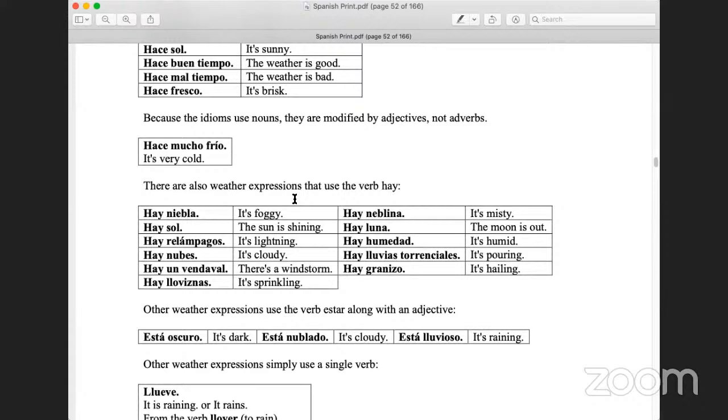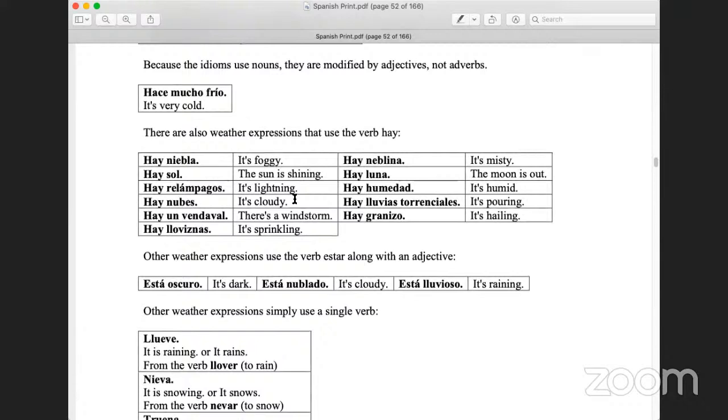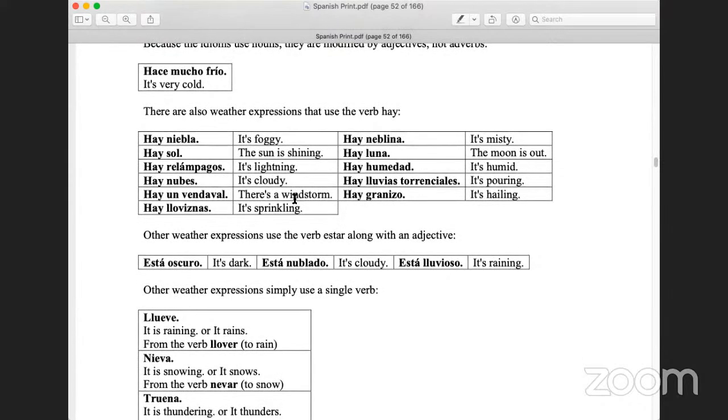There are other weather expressions that use the verb hay. Okay, hay in Spanish means there are. Hay niebla, is foggy. Hay sol, the sun is shining. Hay relámpagos, is lightning. Hay nubes, is cloudy. Hay un vendaval, there's a windstorm.